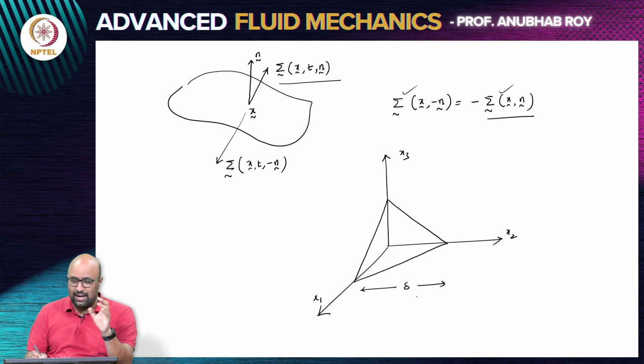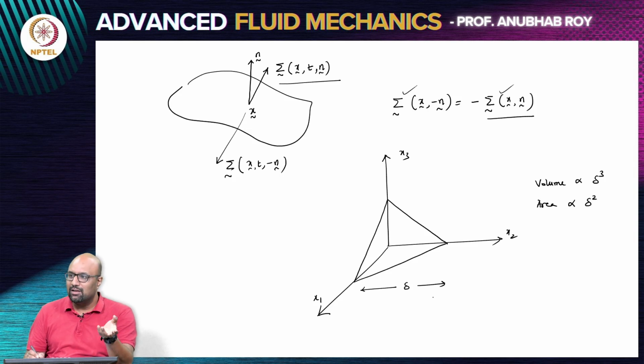Delta is like a typical dimension of this tetrahedron, which means the volume is proportional to delta cube. The area is proportional to delta square. I am using proportionality because I am not bothering about the precise numerical factor.